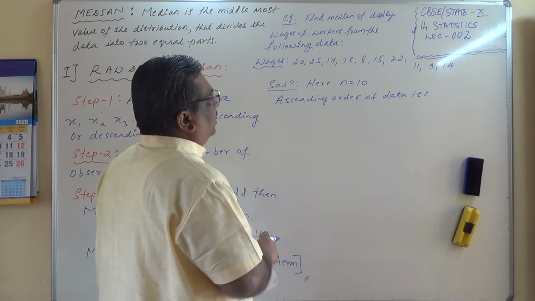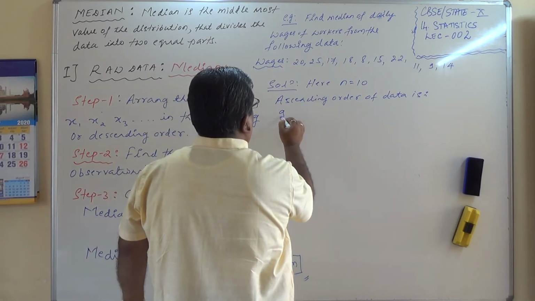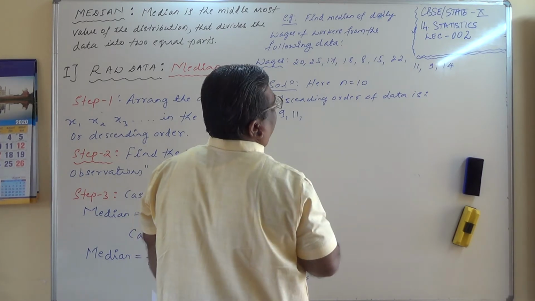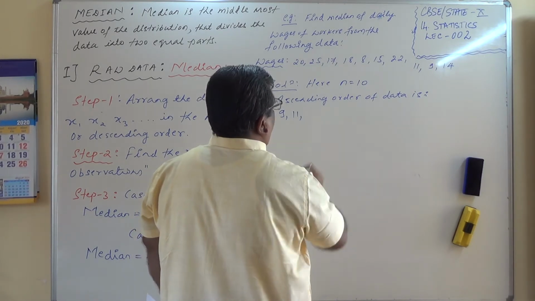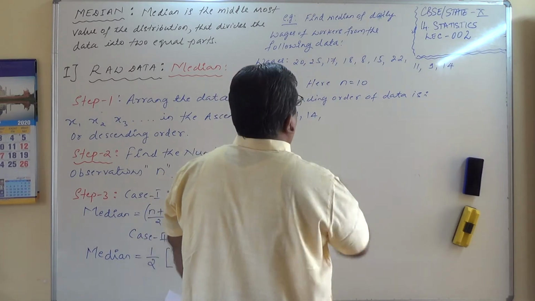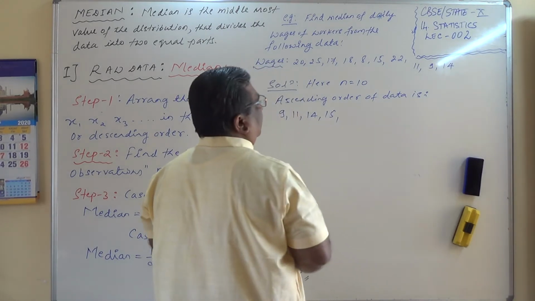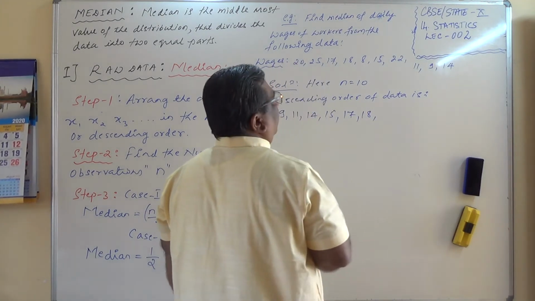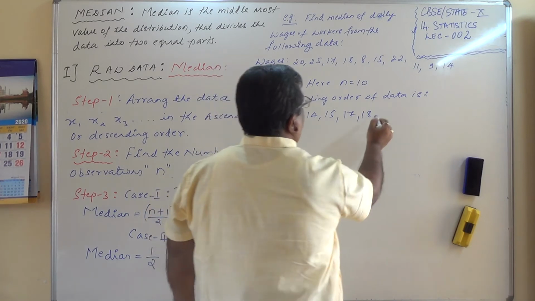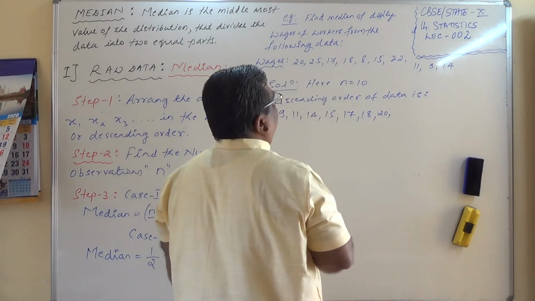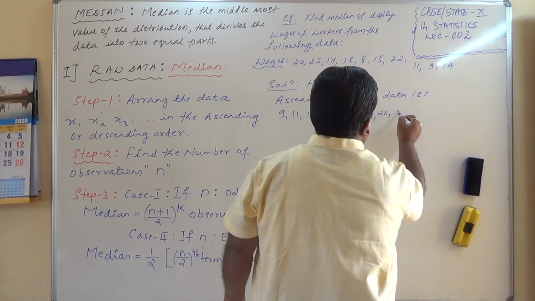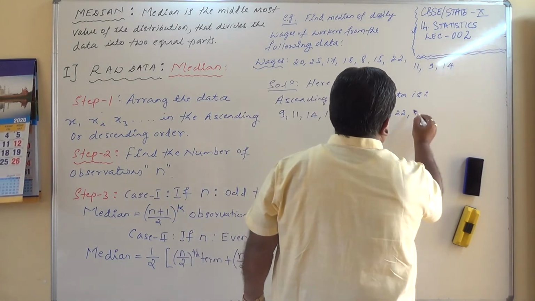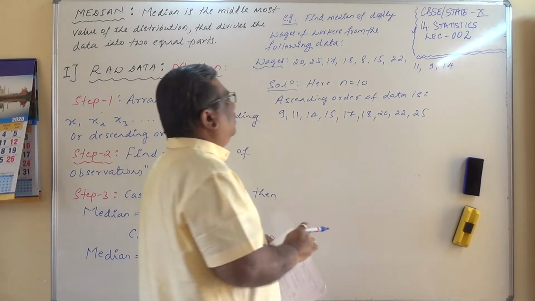Let us start with the least one, 9 here. 9, 10, 11, 12, 13, 14, 15, 16, 17, 18, 19, 20, 21, 22, 23, 24, 25.